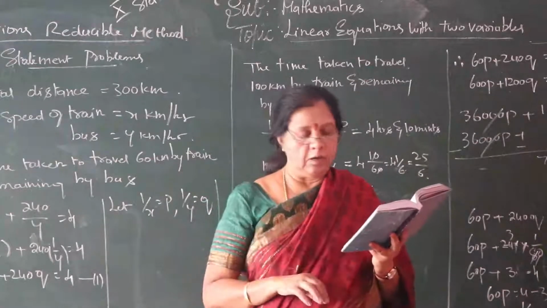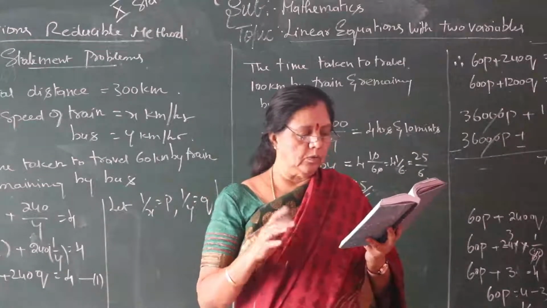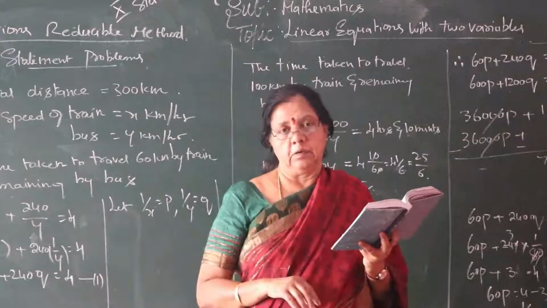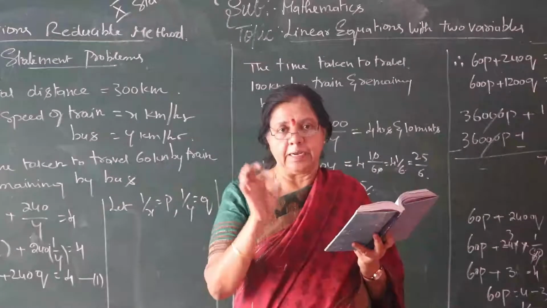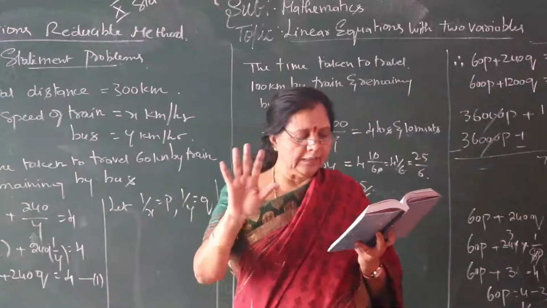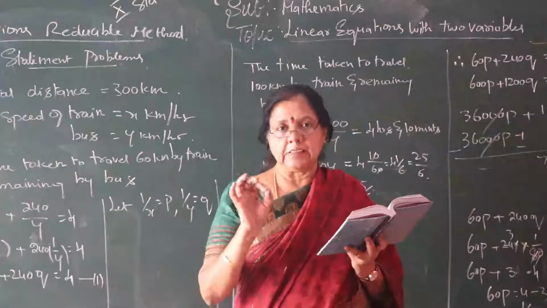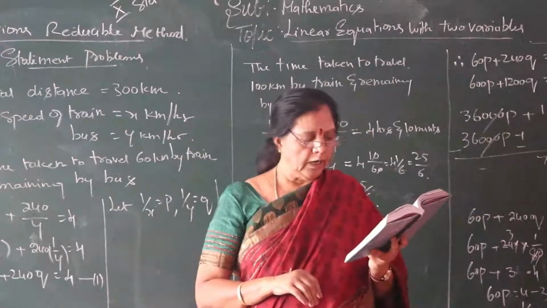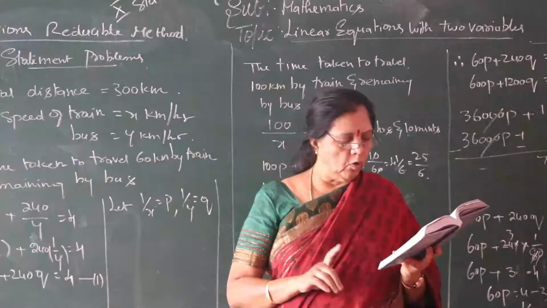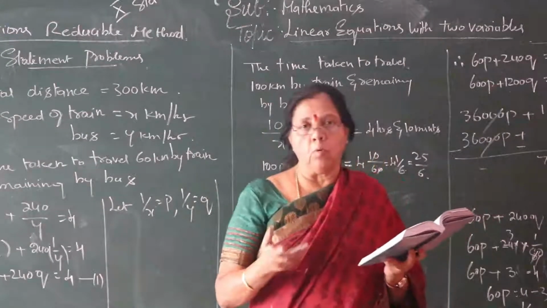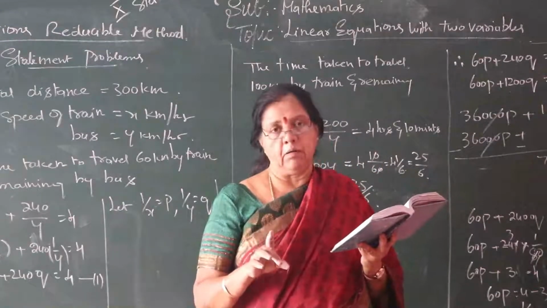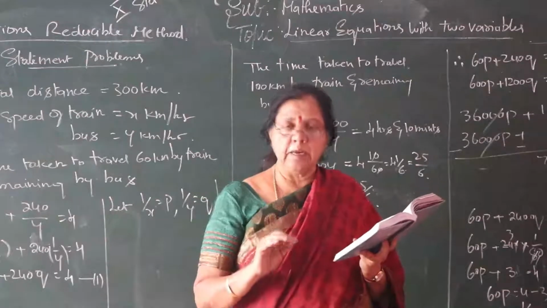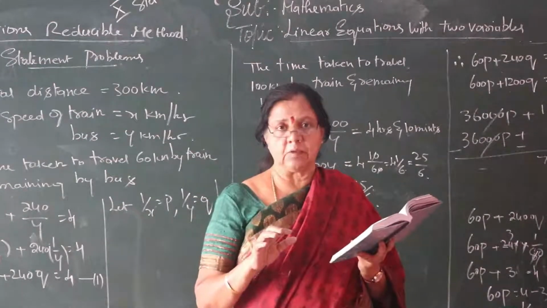Ruhi, name of the girl, travels 300 kilometers. How many kilometers does she travel? 300 kilometers total to reach her destination. So 300 kilometers to her home. She is going home partly by train and the remaining distance covered by bus.